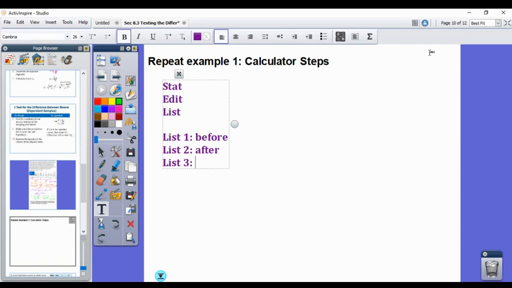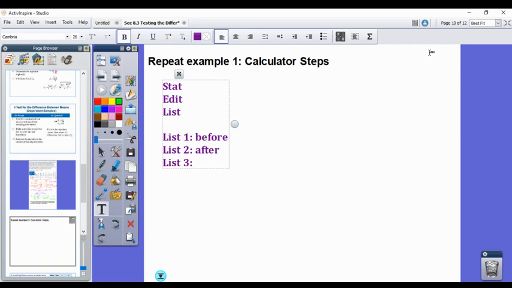When you're on list 3, you're going to go up into the top bar part where list 3 is highlighted. And then you're going to say list 1 subtract list 2. To do that, you're going to use the alpha and then the 1 key, because that is list 1, and then alpha and the 2 key to get list 2.